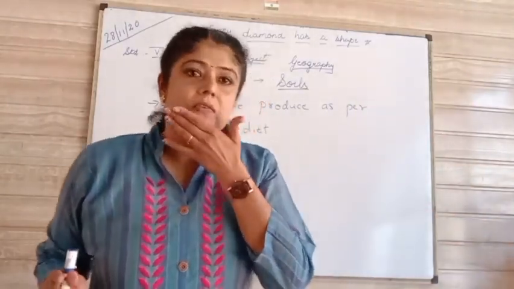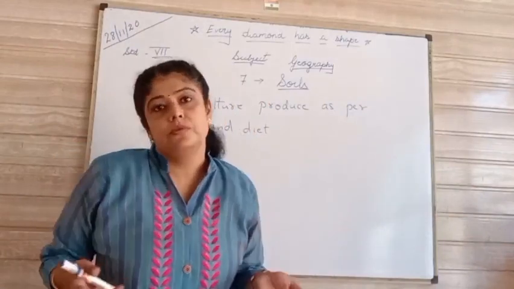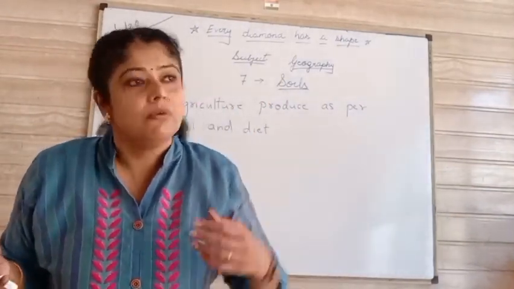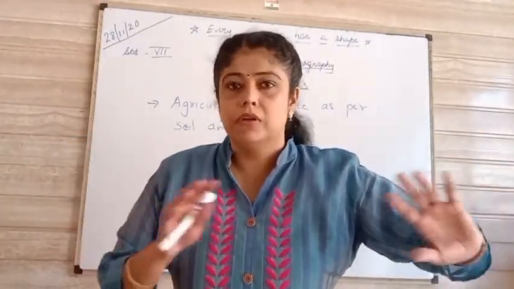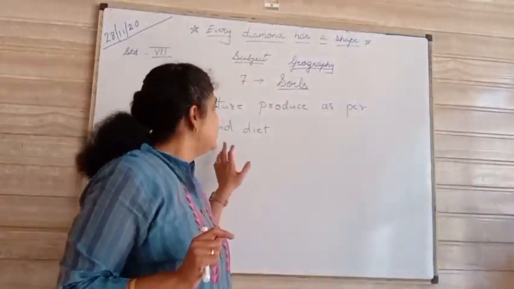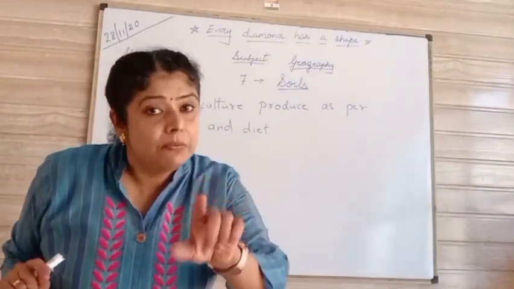For example, oranges in Nagpur: the soil is very suitable for the growth of oranges there. In Nashik you have grapes. So it depends upon the soil. Whatever soil you get, according to that people grow fruits, flowers and crops in that region. The staple diet also depends upon the agricultural produce of that region.